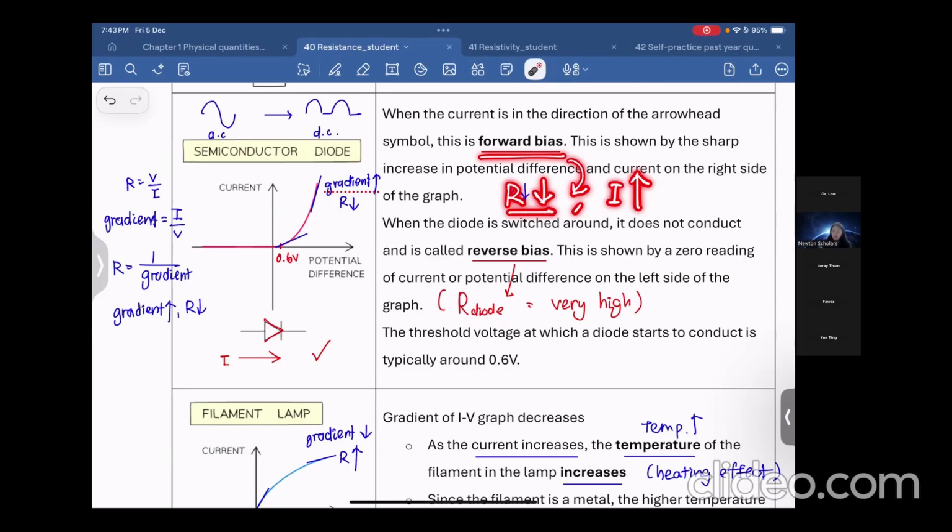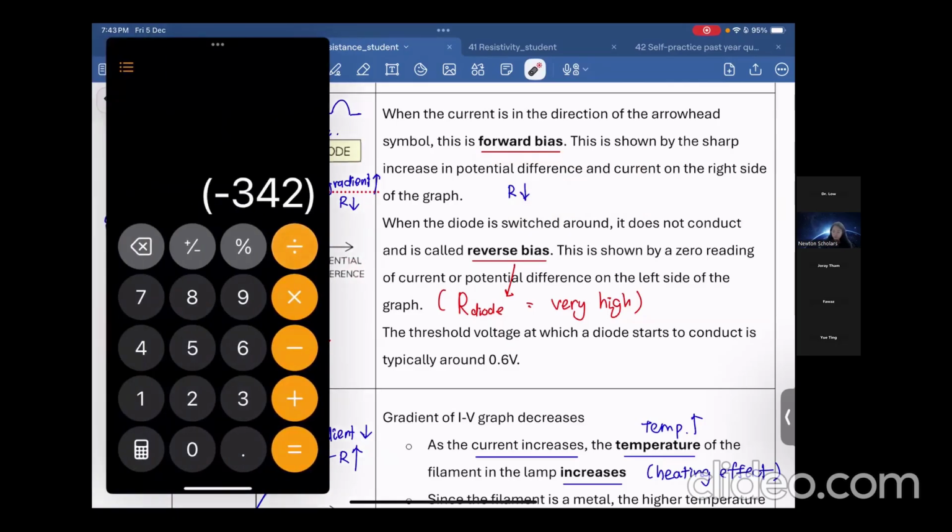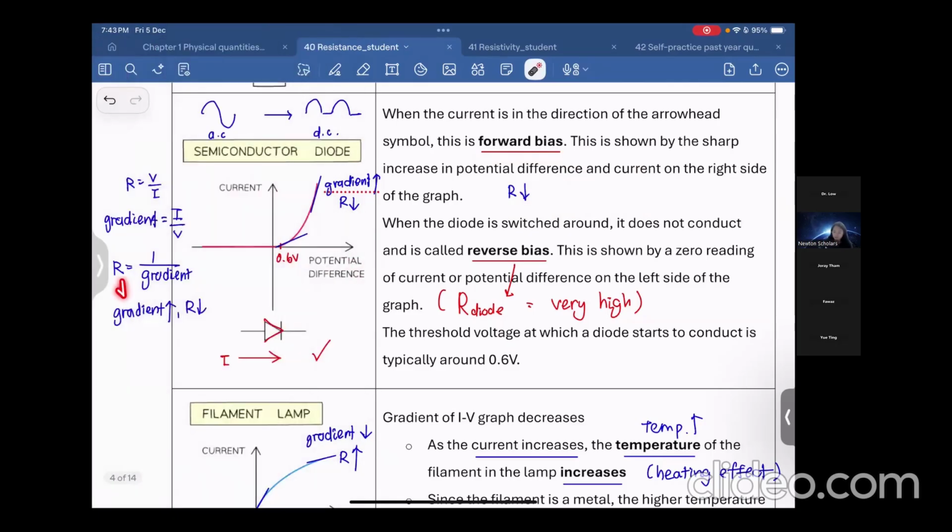Resistance in this graph is 1 over gradient, because it's I over V here. If I want lower resistance, my gradient should increase. That's why you see at the end we get a higher gradient.